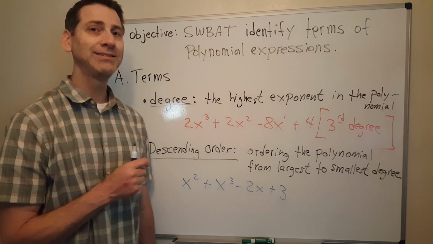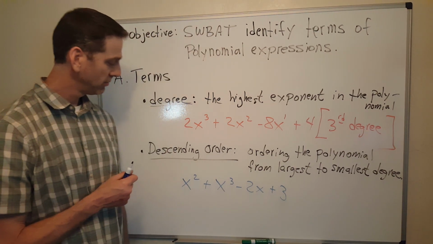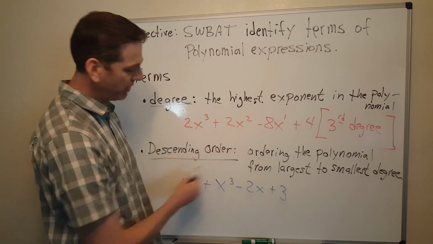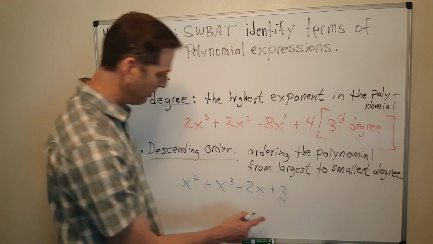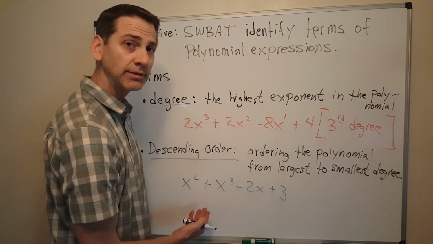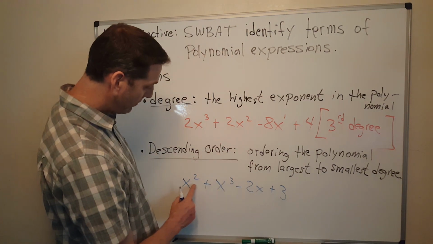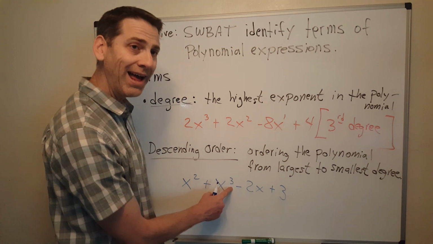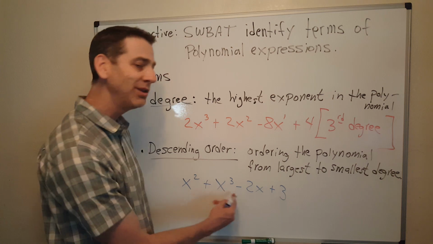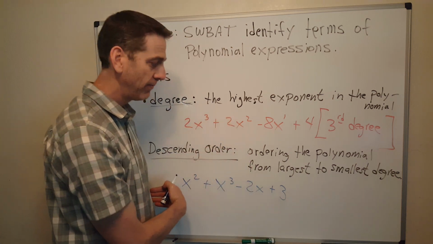Is it in descending order? Is it ordered from the largest degree to the smallest degree? What degree is this? It's a third degree polynomial. So that highest degree should be in the front.